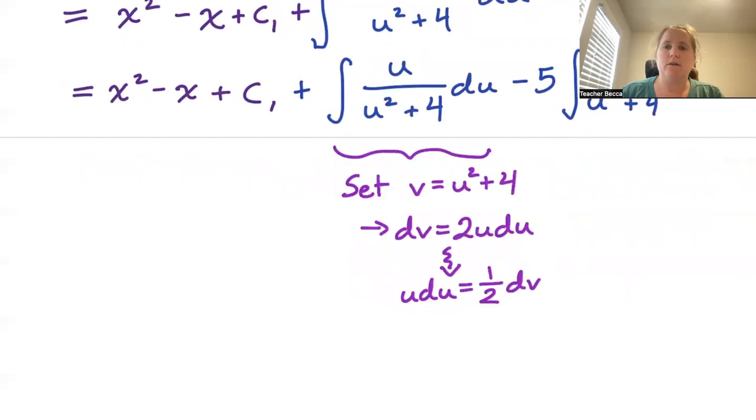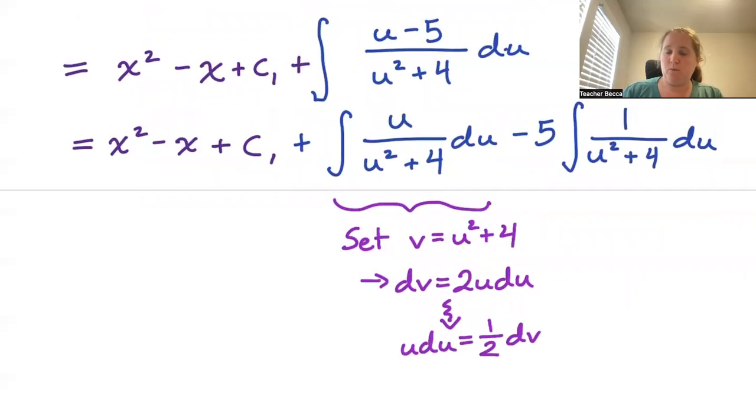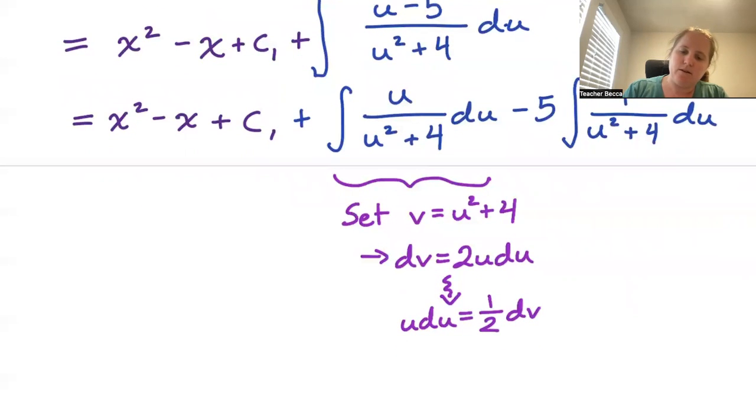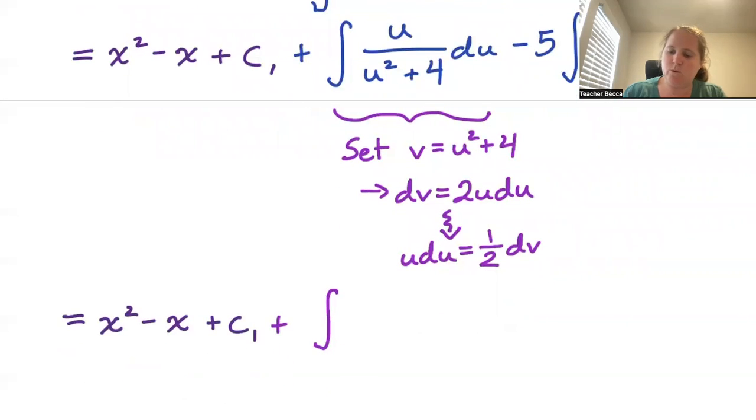So this integral here, we can just run u substitution on. This time around, it's v substitution. So our next line, we would have x squared minus x plus c1 plus the integral of that u du becomes 1/2 dv, so we have 1 over v times 1/2 dv.